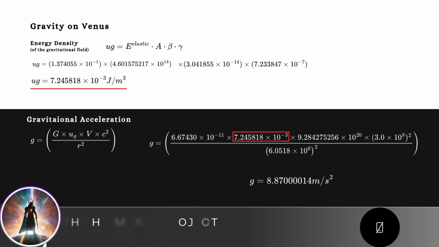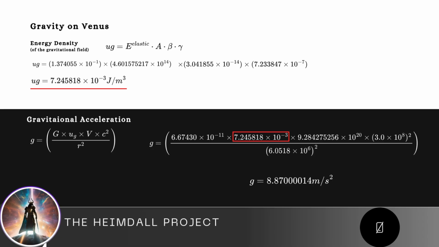Okay, so on this last slide here, measuring the gravity on Venus, we took our inputs: space-time elasticity, the surface area of the system. That's surface area off of radius. In order to get the true surface area, we have beta and gamma correction factors to account for variance.